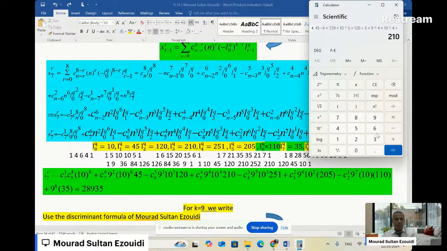Minus 4 multiplied by 9 raised to the power 5, times 10 cubed, times 251. Plus 3 times 9 raised to the power 6, times 10 squared.